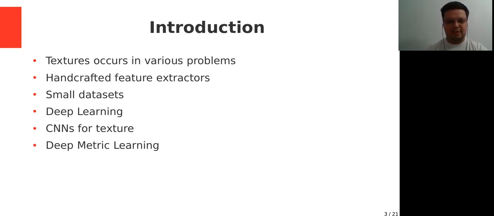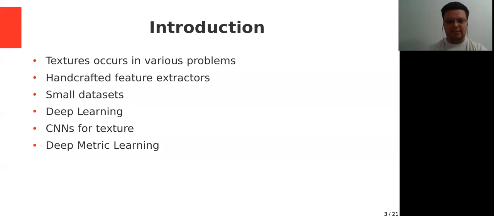But in the past, we had a lot of other solutions involving textures. Before the CNNs, people used a lot of handcrafted feature extractors like GLCM, LBP, SIFT, and a lot of other proposals.